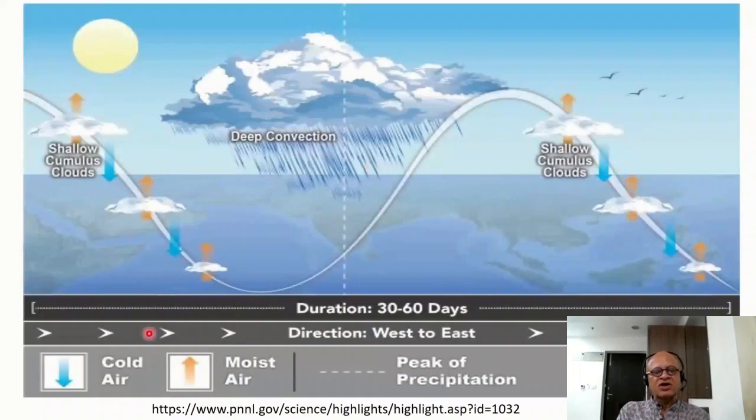So looking at this cartoon from PNNL, there is the eastward propagation, a deep convection situated over the Indian sector, and ahead of it you have the shallow cumulus congestus, which are argued to be critical for heating and moistening the atmosphere with moist static energy, creating instabilities that create the eastward propagation.